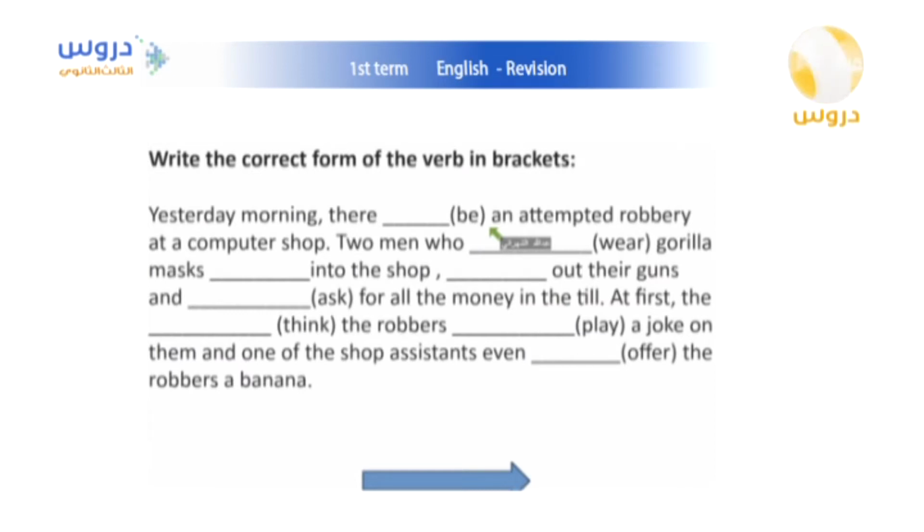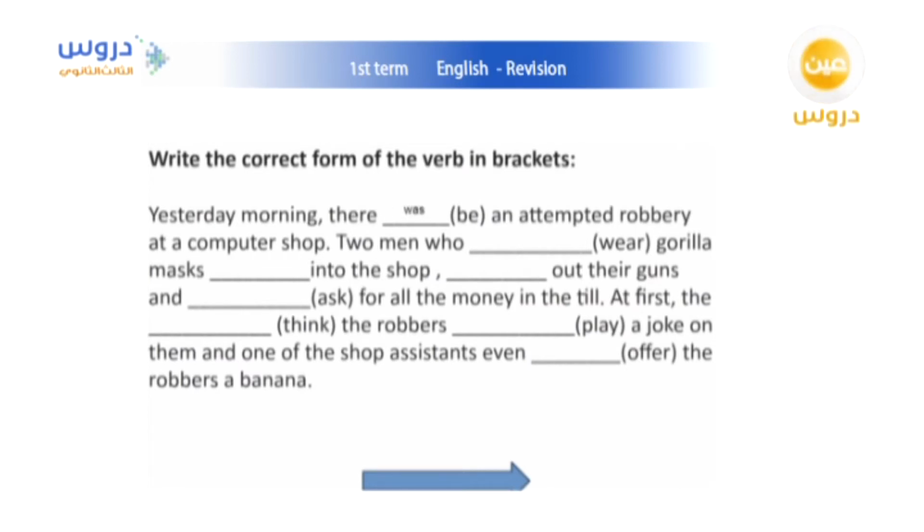Is it were? Number 1: there an attempted robbery at a computer shop. Not are, there were. It's singular. Is it were or was? Thank you, Jumana. Yes. Welcome back, Omar.